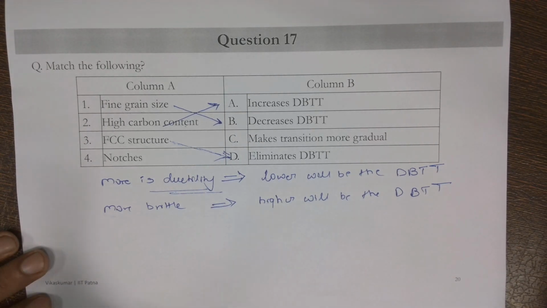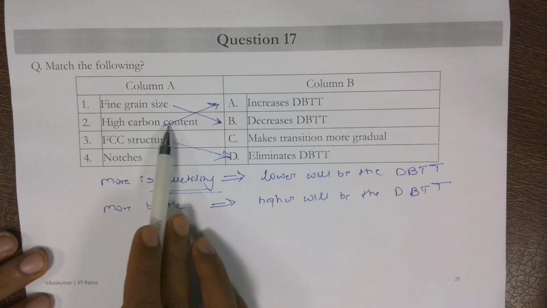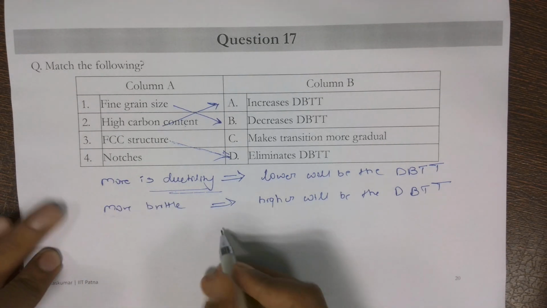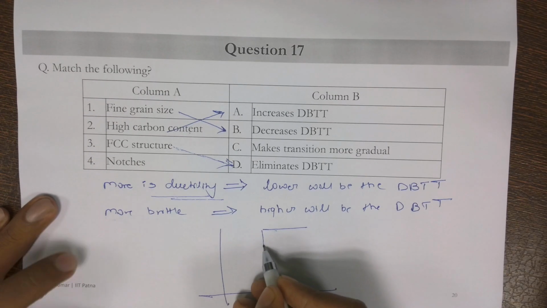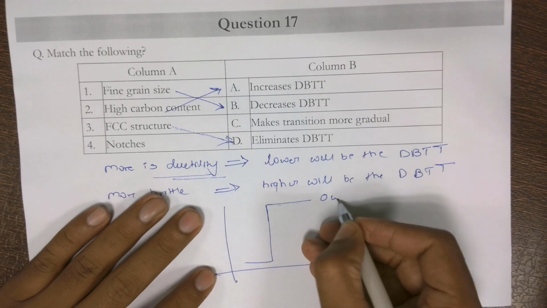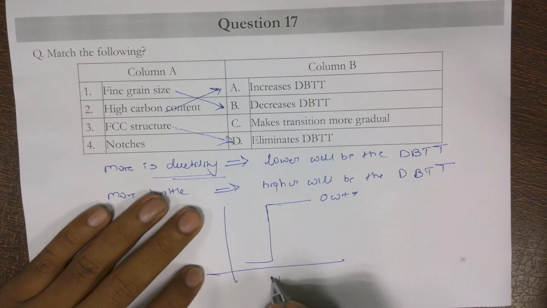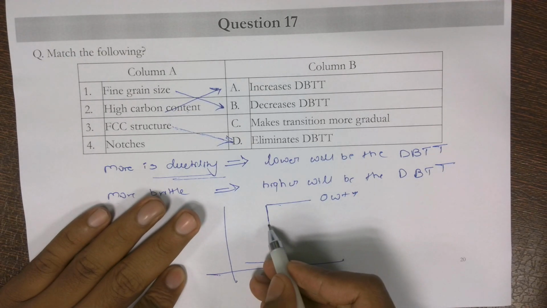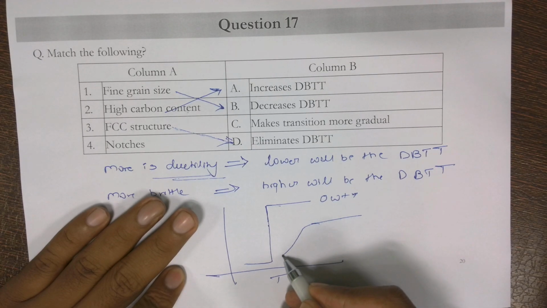See, one more thing. High carbon content. We saw in the class, let's say here the carbon content is very low, 0.8% carbon. The ductile brittle transition temperature is over here. Now, if I increase the weight percent of the carbon, one more thing will happen.